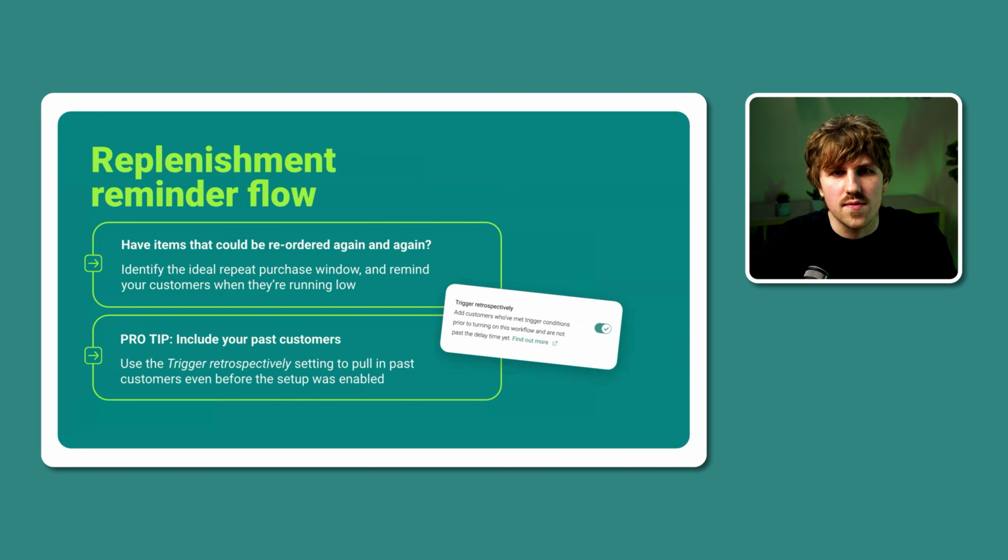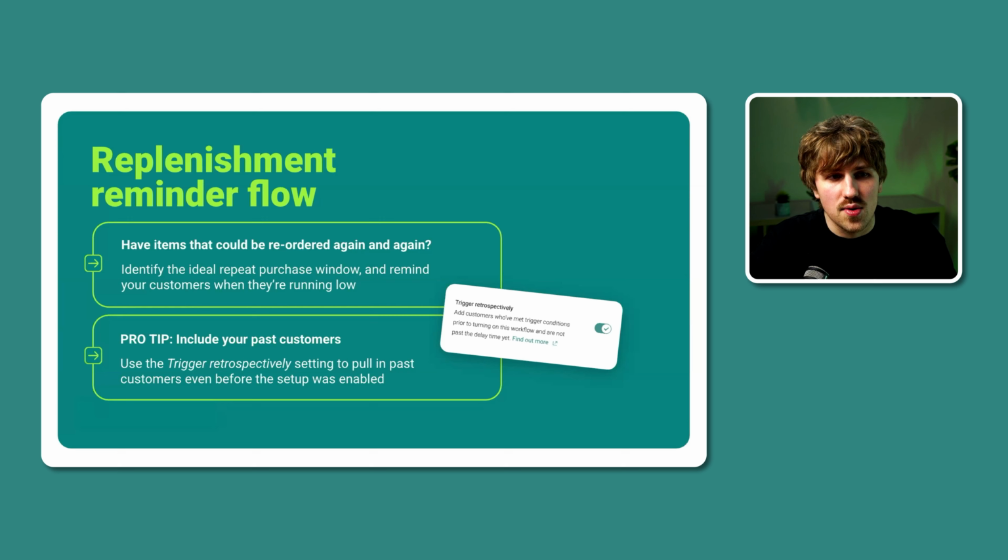If you're selling food products, you have an expiry date, or you have a certain idea how long it takes for the customer to use that product, to eat that product. Set up a flow with a certain delay, a very easy split or action, which would be the delay, and include your past customers as well.